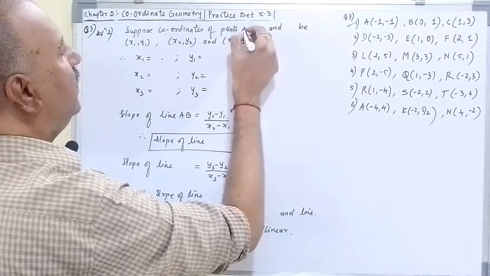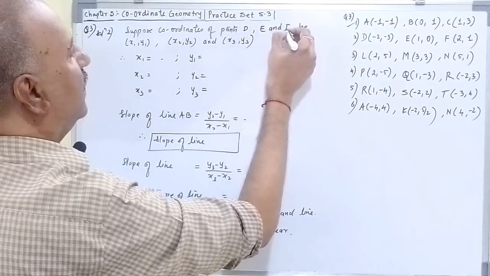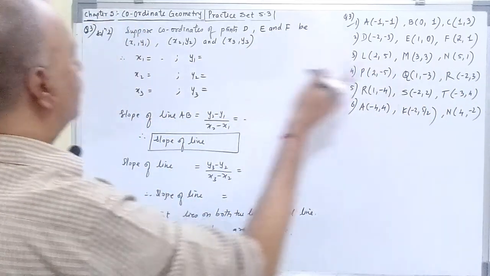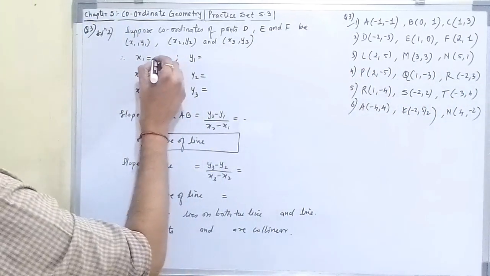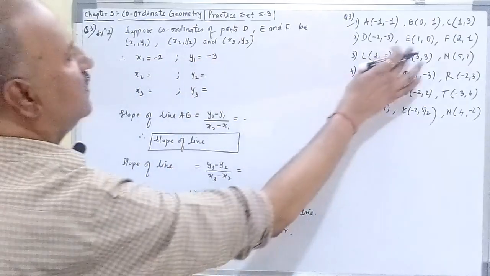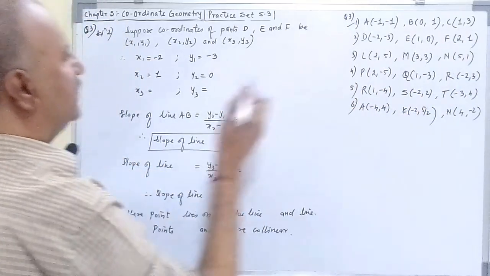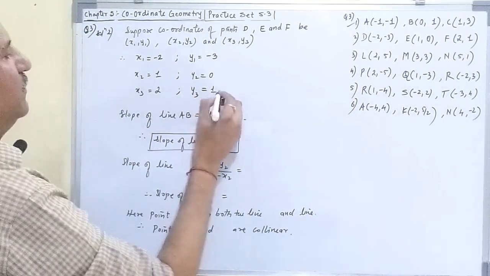Points D, E, F. x1 y1 x2 y2 x3 y3. So write the points: D is -2, -3, E is 1, 0 and F, x3 y3, will be 2 and 1.